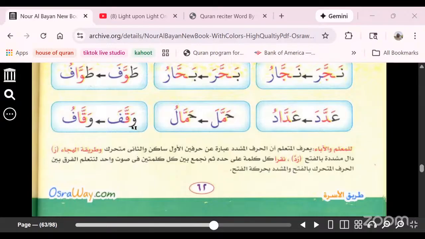Wa. Kofa. Oh no, that's not Ain, that's Fa. Yes, it's Kof and Fa. Wa. So I have to pronounce that with the shadda. Wa-kofa. Yes, please. Wa-kofa.